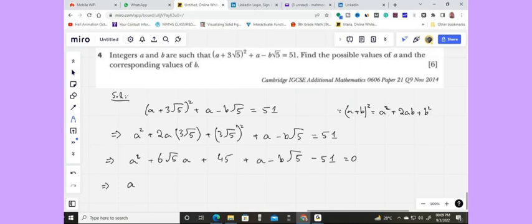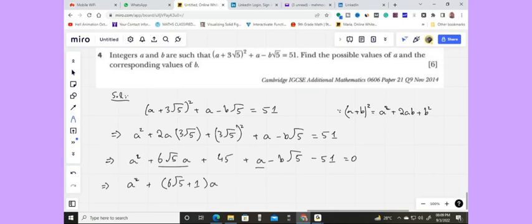Now a square plus, see, I'm going to collect all the terms which are containing a along with it. So you see, this is the term and this is another term. If I write a common outside, then the coefficient of this term is 6 under root 5 plus 1.